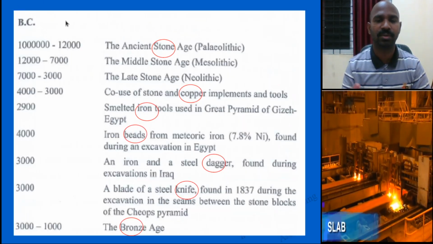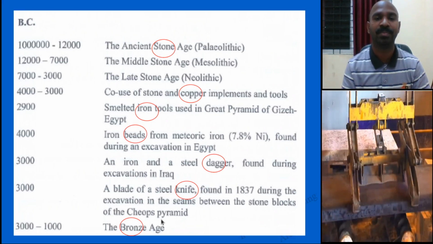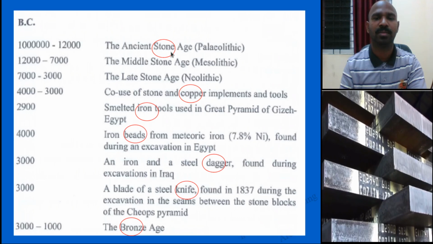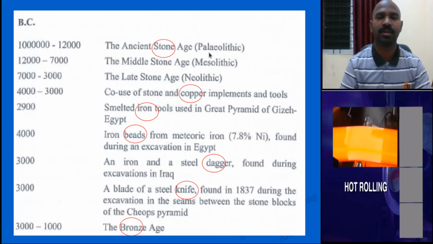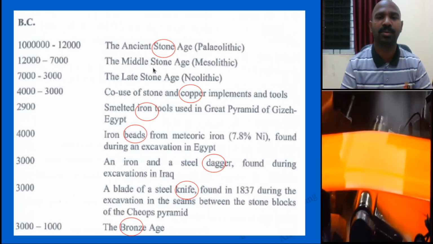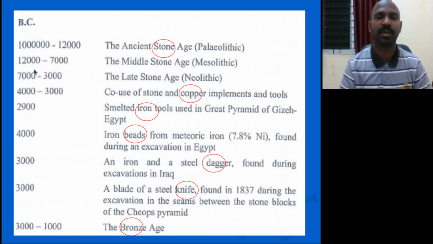Now if you see the stages, the ages as they have gone, around 1 million years ago the Stone Age was found. By the archaeologists it has been calculated, and after that it is divided based on the stipulated number of years into Middle Stone Age and Late Stone Age. After that, along with the stones, there was observation of copper usage by kings and kingdoms.